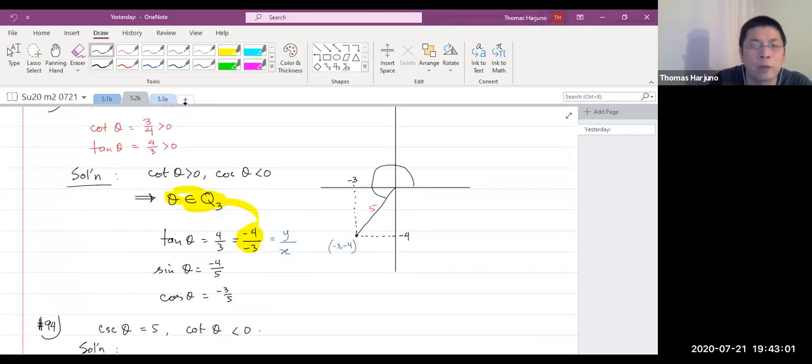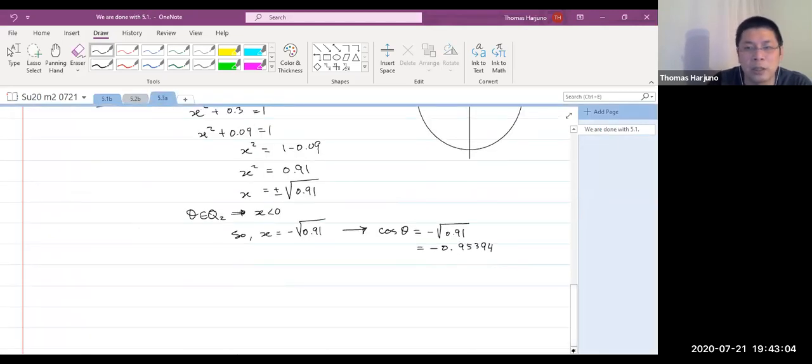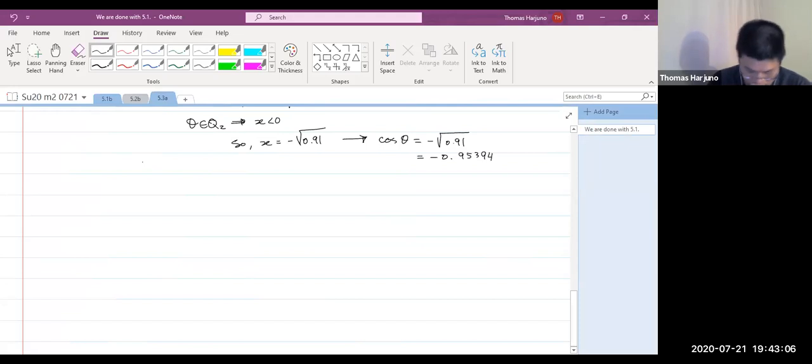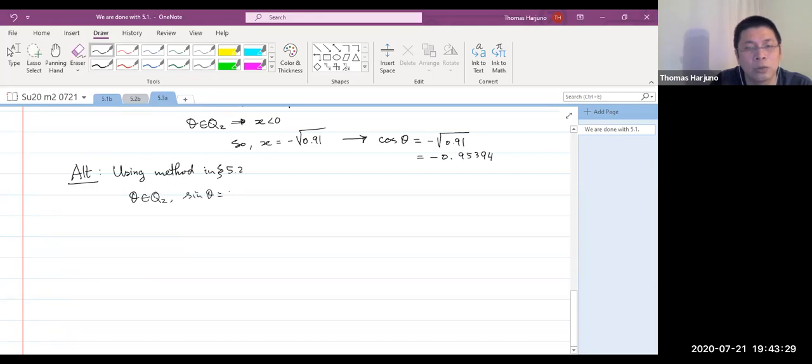Let me go back to 5.3. Suppose I say this thing. Alternatively, using method 5.2, theta is in quadrant 2 and sine theta equals 0.3.